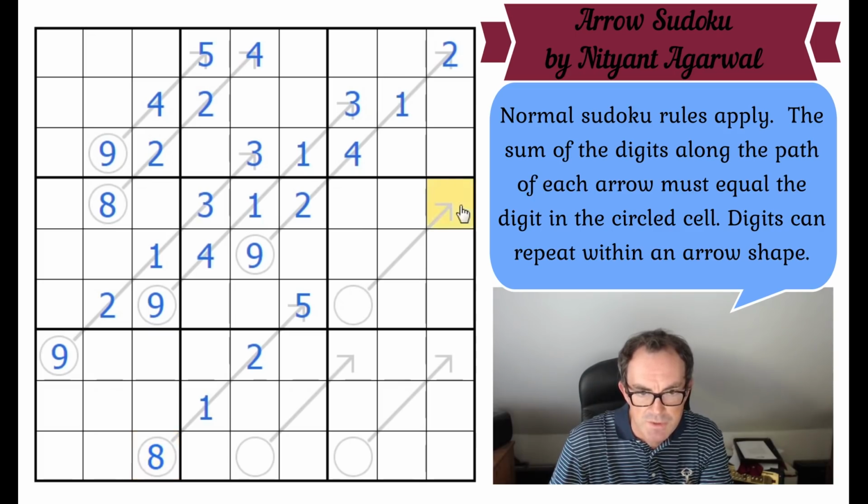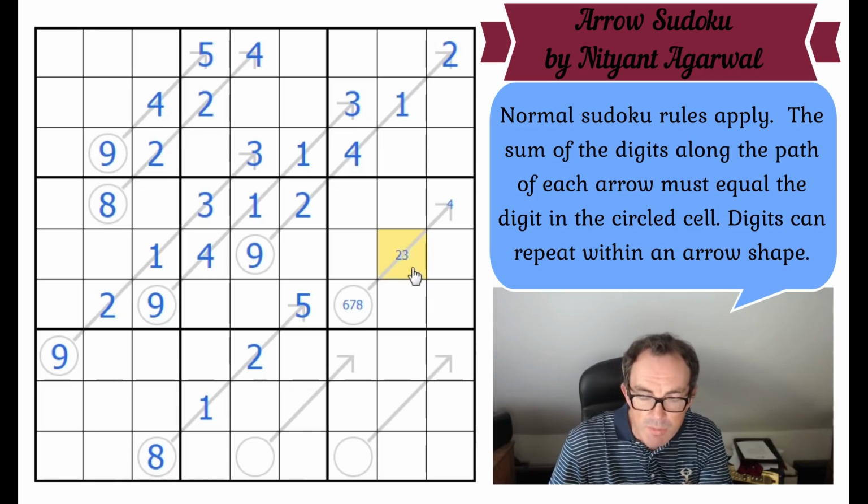So this square has got a minimum value of 4 now. Not 5, 4. This square's got a minimum value of 2. So this square's got to be 6, 7 or 8 because it can't be 9. So this square's 2, 3 or 5.